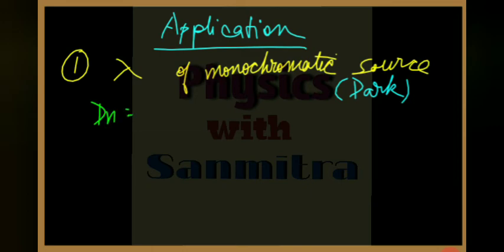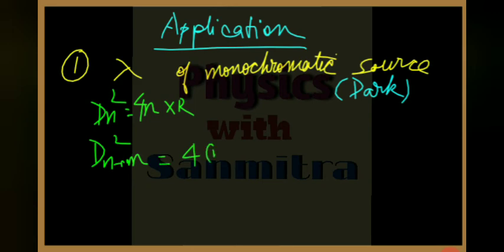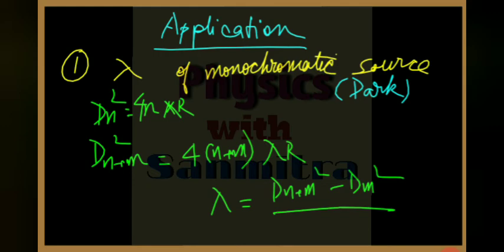The nth dark ring, dn square, is 4n lambda r. Let's take the (n plus m)th dark ring. That will be 4 into (n plus m) lambda into r. Now if I subtract them and take lambda common, I will get this. Very simple. Lambda will be d of (n plus m) whole square minus dn whole square divided by 4 into m into r. This m is the difference between the two rings.